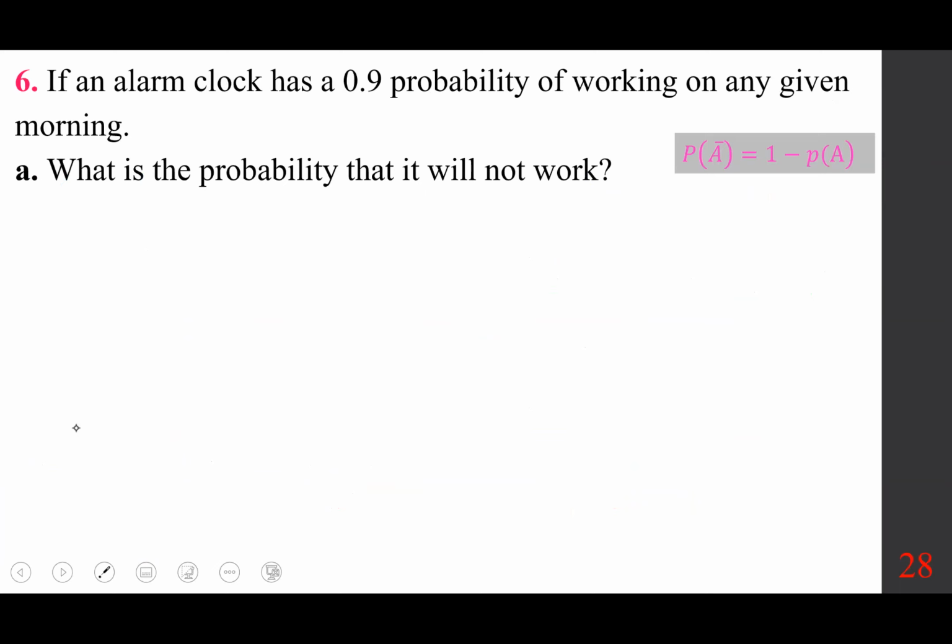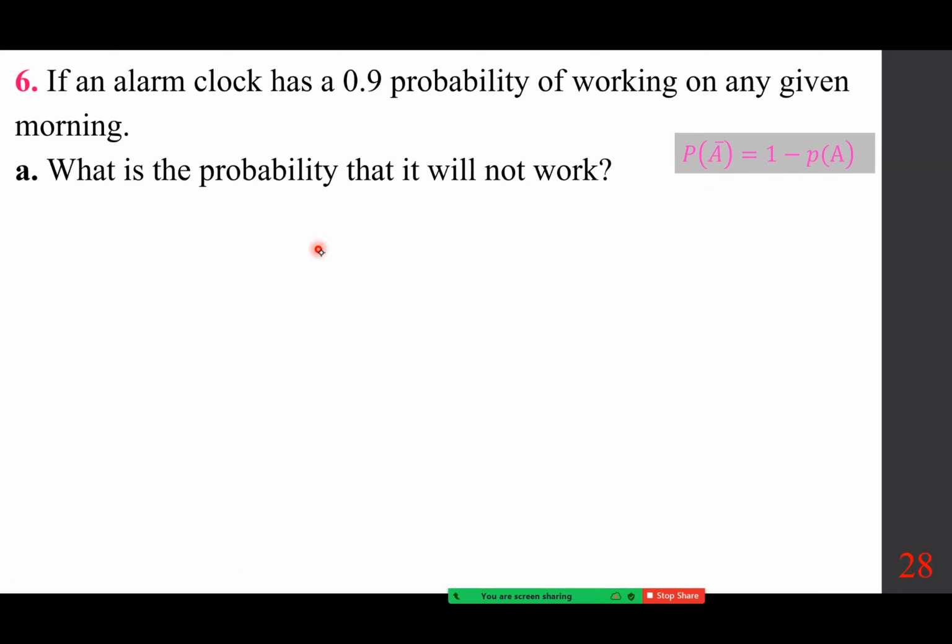If an alarm clock has a 0.9 probability of working on any given morning, what is the probability that it will not work? We simply use the complementary event. Probability of working is 0.9.